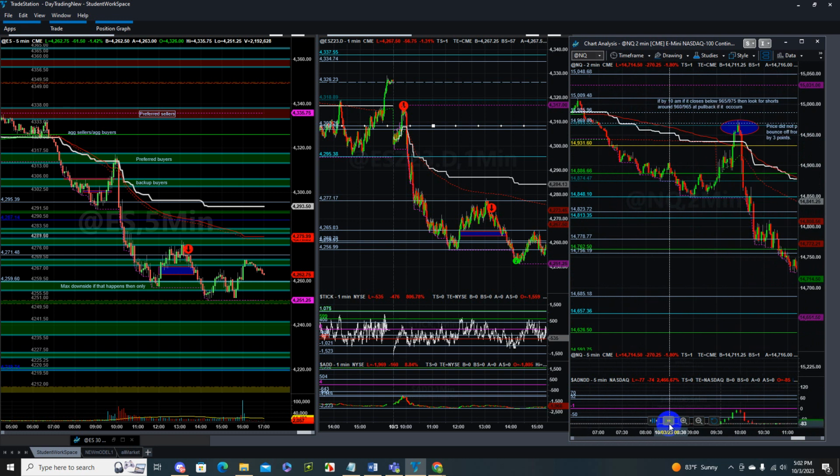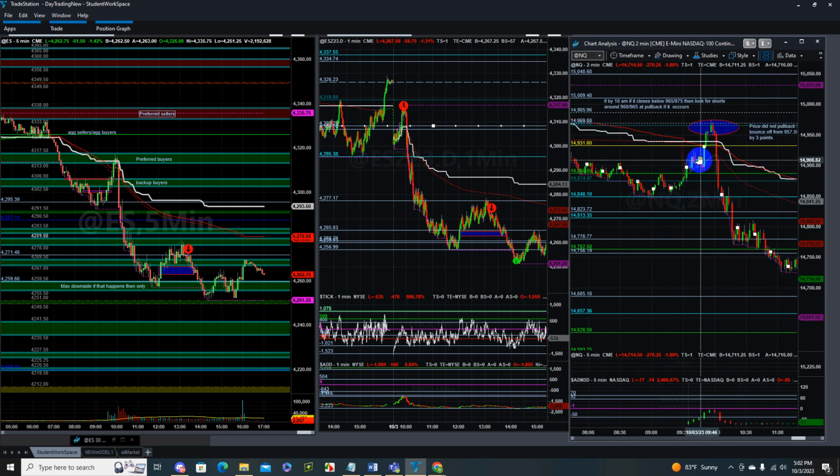So now I was looking, when it closed at 950, which is right here, this candle. I said I'm looking at the 960 to 965 area for a pullback short, okay?